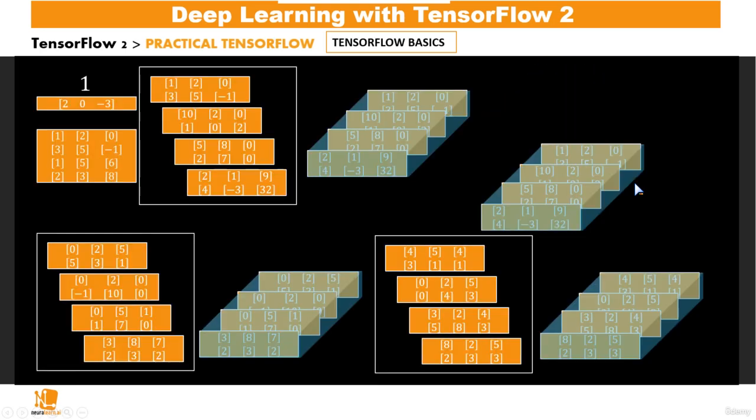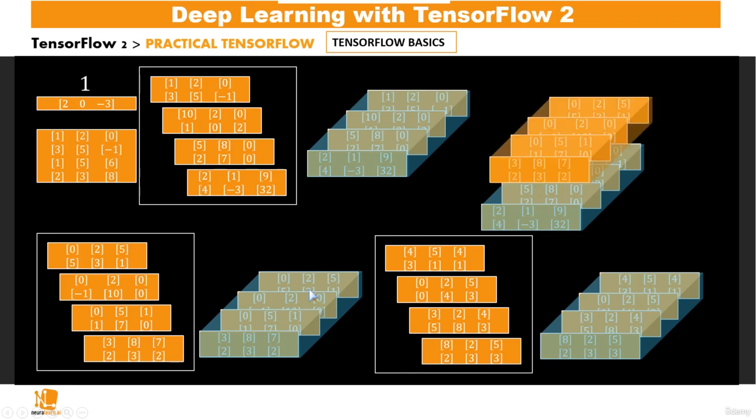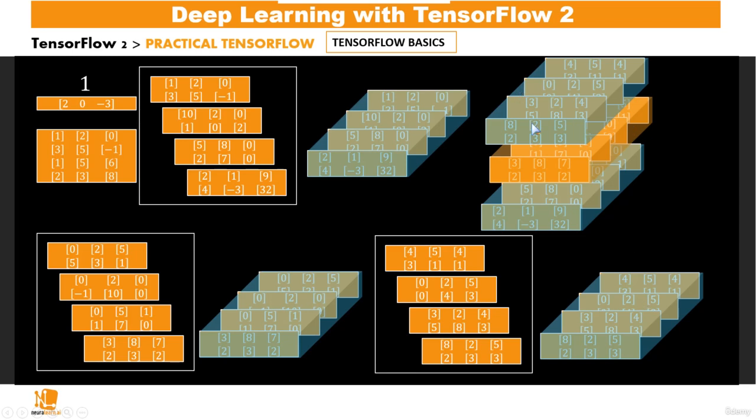When we stack these rank 3 tensors up, we form a rank 4 tensor, which is going to be of shape 3, 4, 2, 3.